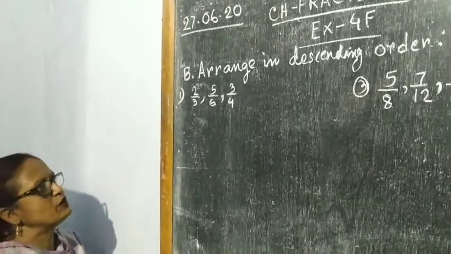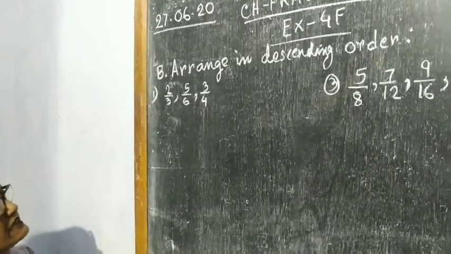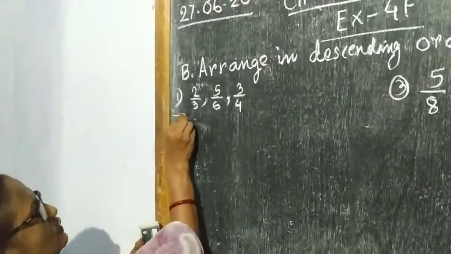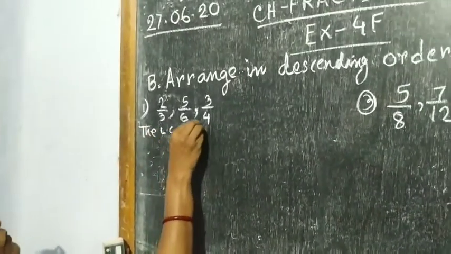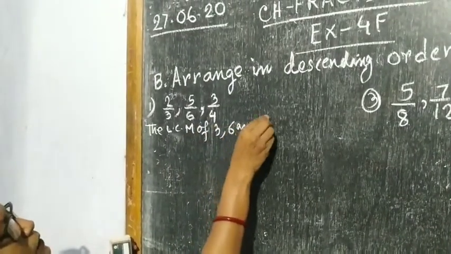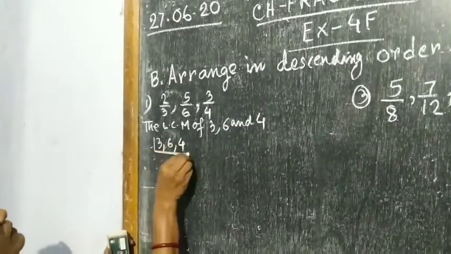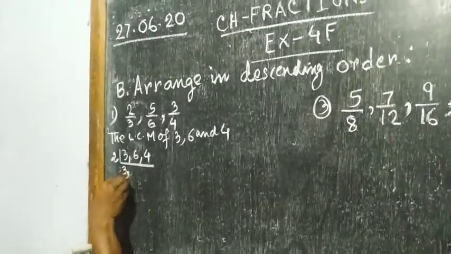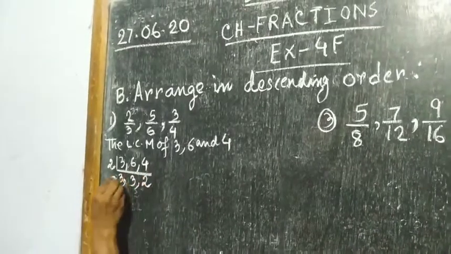So first you have to take the LCM of the denominators 3, 6 and 4. Here I shall use the repeated division method. First divide them by 2. 3 is not divisible, copy it down. 6 divided by 2, 3. 4 divided by 2, 2.